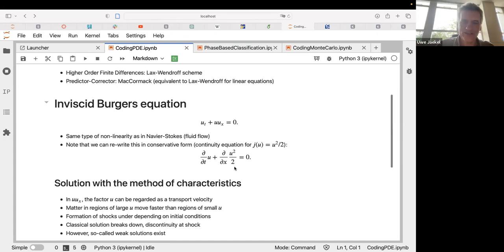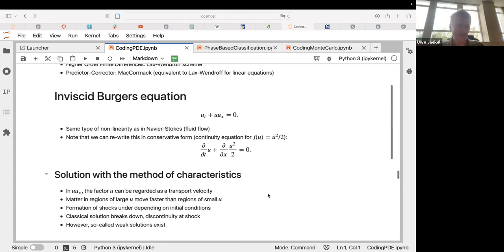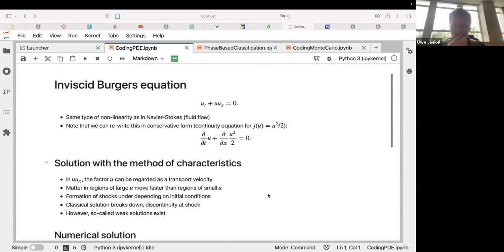Before we look at the numerical schemes, let me tell you something about the solutions. We're a little bit short of time, so one can show what I will tell you here. One can derive this with the method of characteristics.